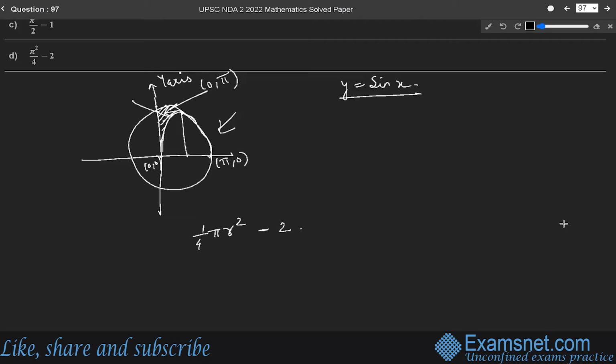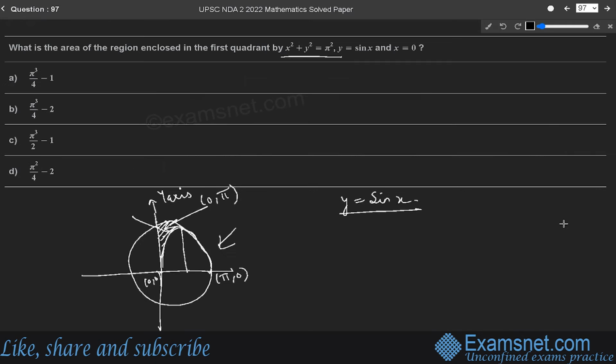Now, further calculating it, it will be pi cube upon 4 minus 2. This is the required area of the region bounded by the curve of sin x in the circle. So we can say that the correct option here is option number B, pi cube upon 4 minus 2.